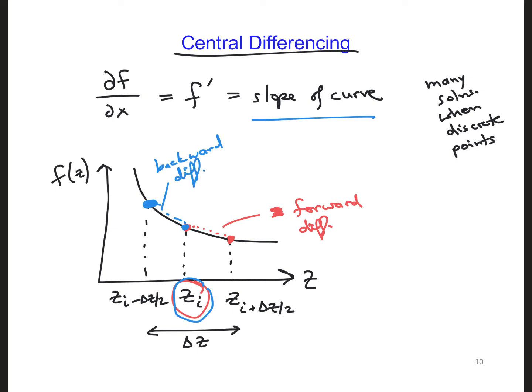And then the last option we'll talk about is what's called central differencing, which is where, to get the slope at this location, you use a discrete point one to the left and one to the right, a delta z total distance apart from each other.